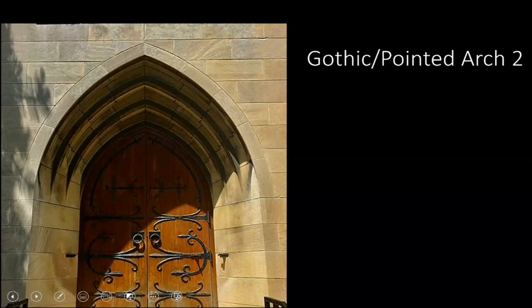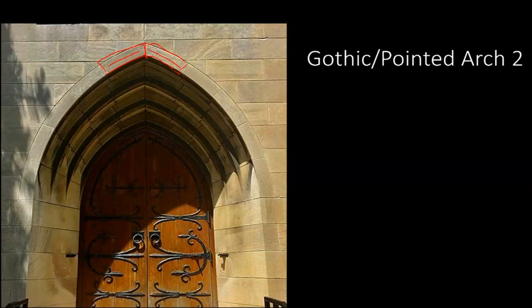So we look at another one like this. Again, this one is load bearing, and there's one feature here that I did want to show you, and that is that these pointed arches tend not to have a keystone. What they do instead is they let the two top stones lean against one another, and together they form a kind of keystone.